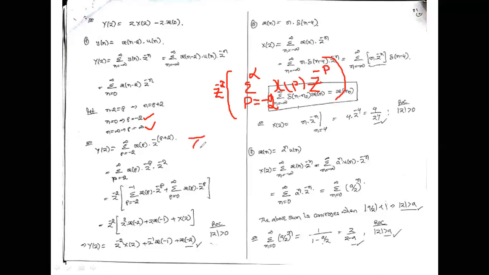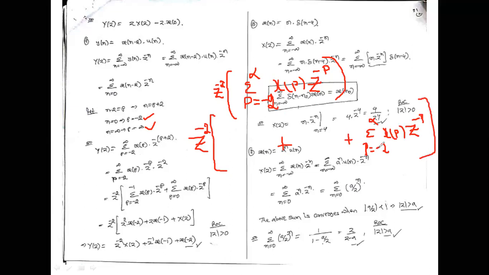Okay, so z power minus 2 we can multiply with the before value if I am taking here. So the sum over p equal to minus 2 to infinity of x of p z power minus p.